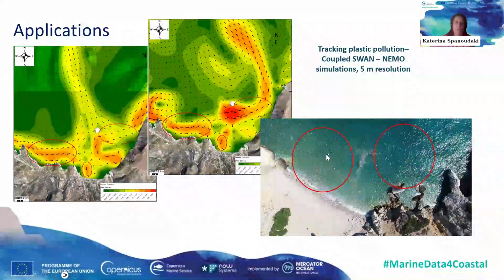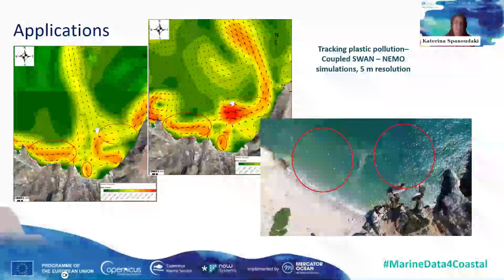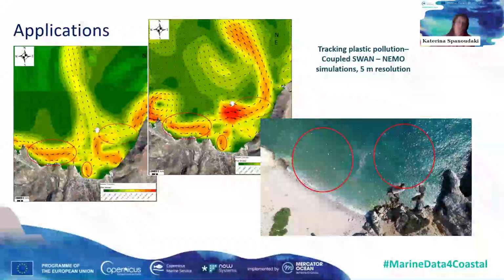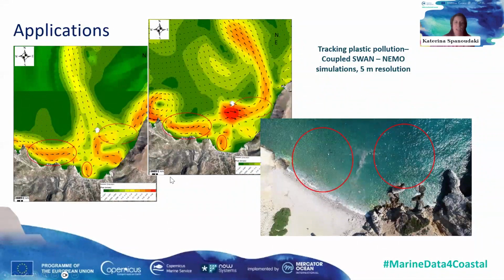So where are the accumulation zones and where we can apply very effective cleaning campaigns. We went from the potential sources in the Mediterranean Sea and in the Aegean Sea to specific coastal areas, very high touristic areas of Crete.